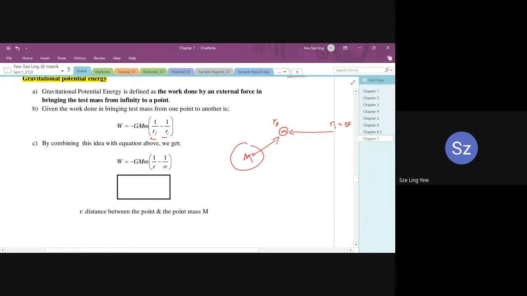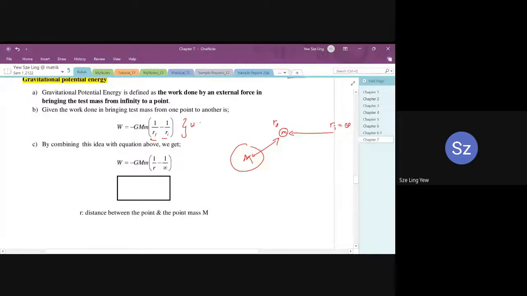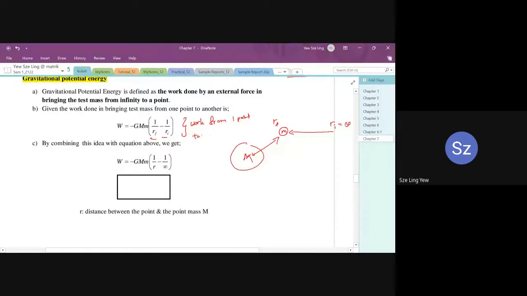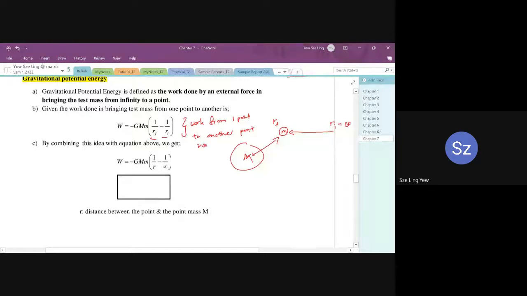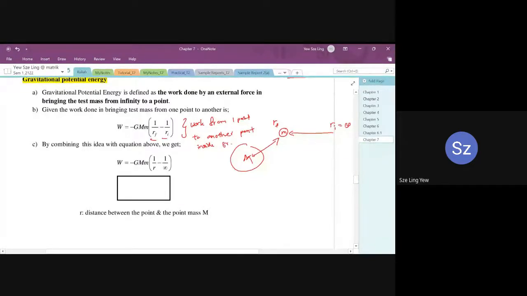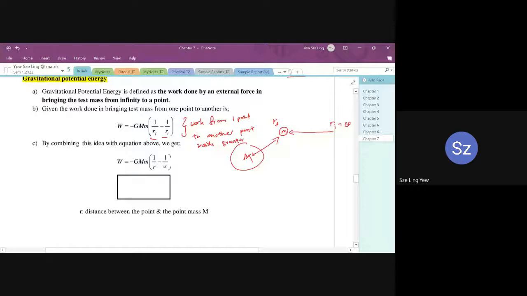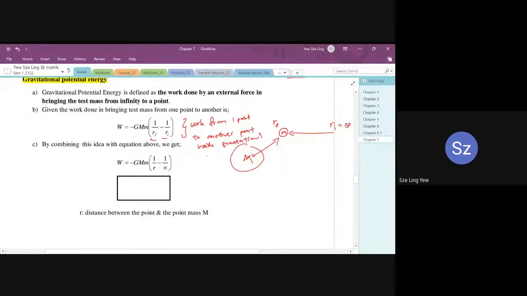So by combining the idea with the equations above, so this is the equation for work done from one point to another point inside gravitational field.